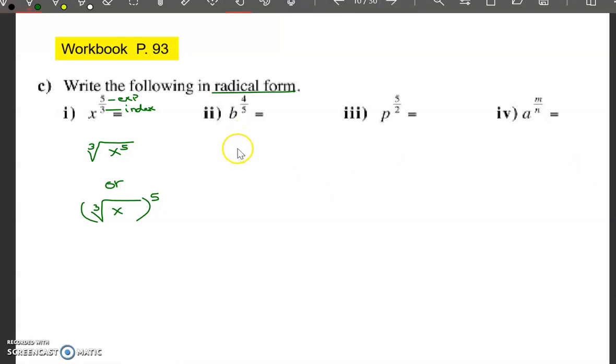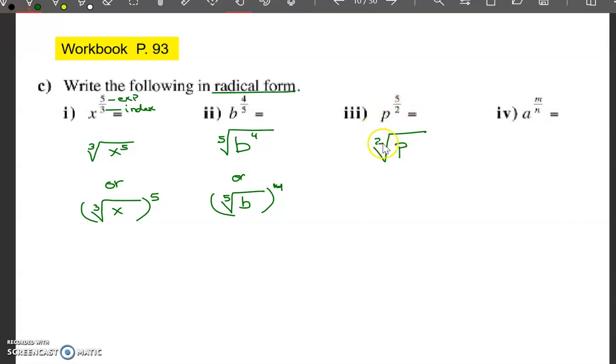So for the next one again, b is your radicand, 5 is your index, and the 4 is your exponent. Or you could put that 4 outside, still as an exponent, but to the entire thing. Okay, next one. Here we have p, the denominator becomes your index, but it's a 2, so we don't write a 2, it's an invisible 2 there.